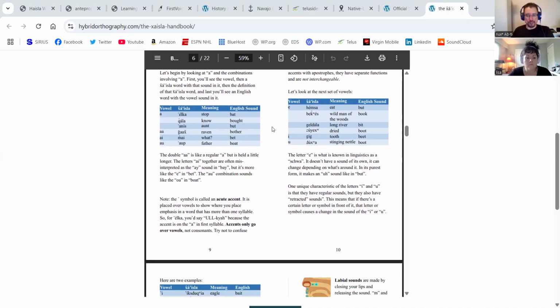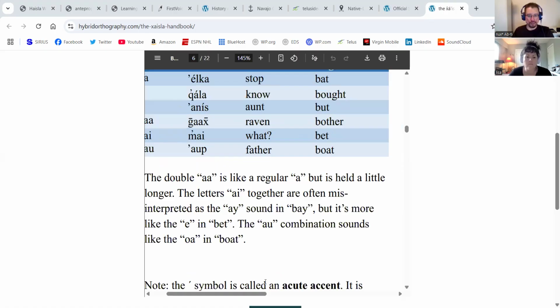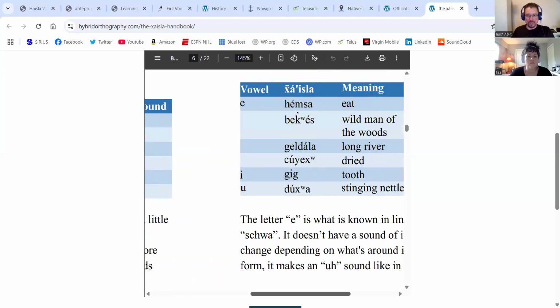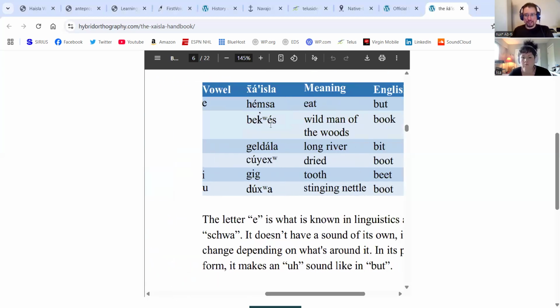So there's vowel combinations, which you can see a little bit here. Maybe I'll zoom in a bit more there. So there's vowel combinations, and then there's single vowels here. One of the things that's really unique about the Haisla language, in terms of the sounds, is that consonants will always make the same sounds, but it's the vowels that will change.